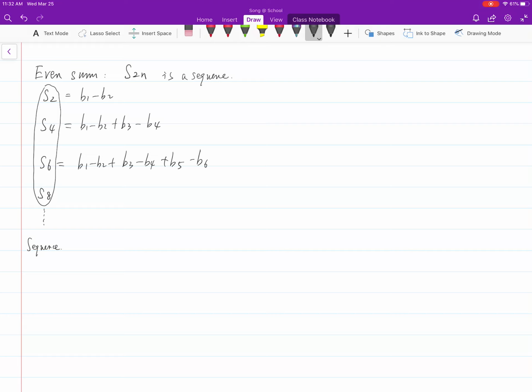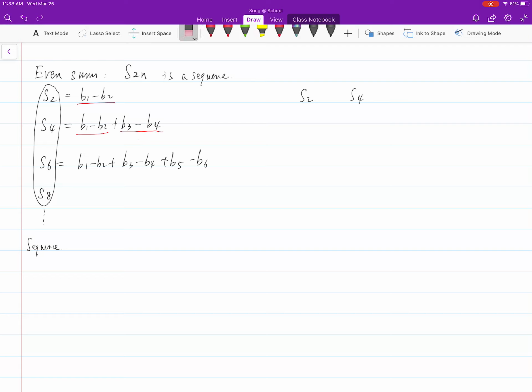Number one, I want you to think about which one is bigger, S2 or S4. What's the difference? Well, S2 is b1 minus b2. S4 is b1 minus b2, up to now the same, plus b3 minus b4. This term will determine which one is bigger, because if it is positive, that means S4 is bigger than S2 because it's basically S2 plus another positive number.